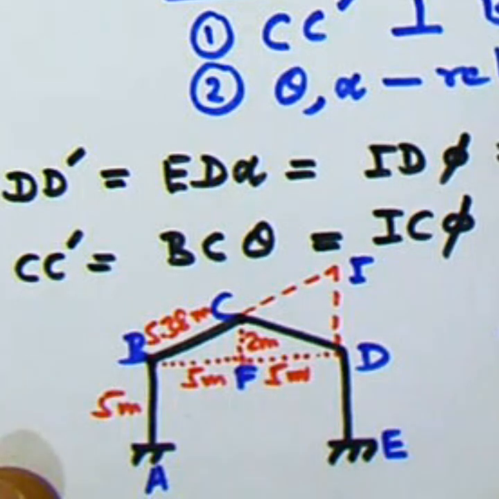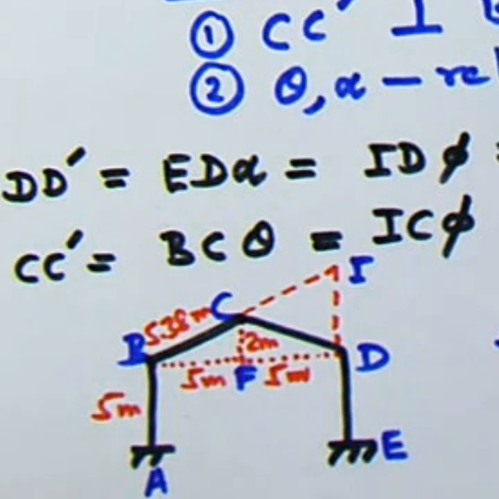And we also mark a point F here. What are the similar triangles? BCF and BID, they are similar triangles. So making use of the similarity, CI is also 5.38 meters.